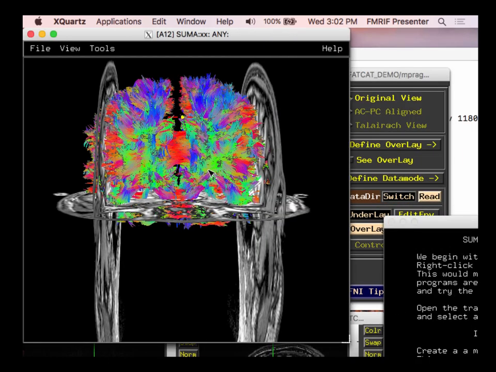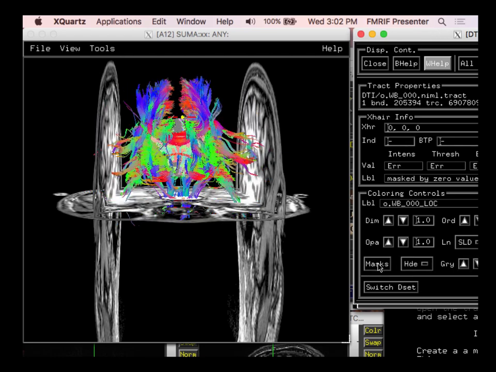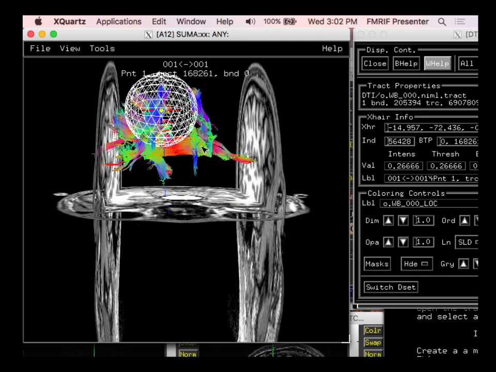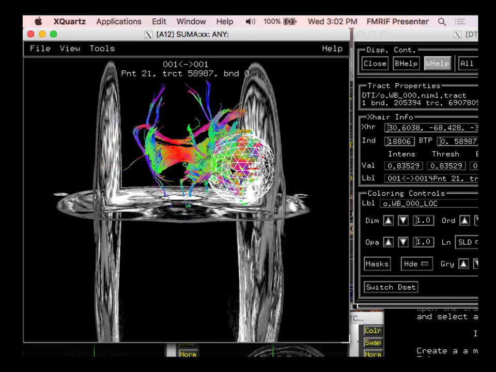And I can also do things like this. This is every possible connection in the brain, well, every possible tract that was estimated in the brain. I can do what's called making a mask, and now it's a little hard to see. There, can you see that there's this thing here, and if I move it around, it's a ball. So what I'm doing is I'm selecting a subset of tracks that just go through this region.